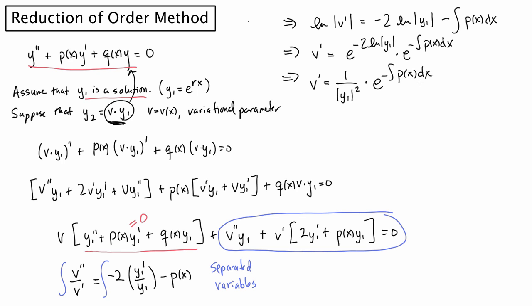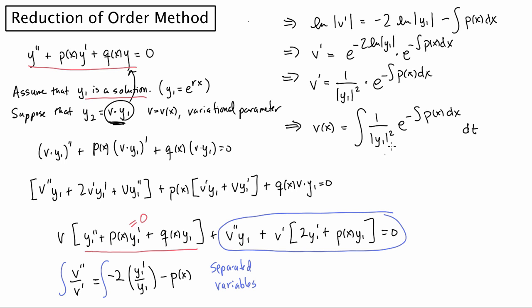Finally, I'm going to integrate one last time. If I take the integral of both sides, this becomes v of x equals the integral of 1 over y1 squared e to the integral p of x dx. I should have a dummy variable of integration here, which I'll call dt.